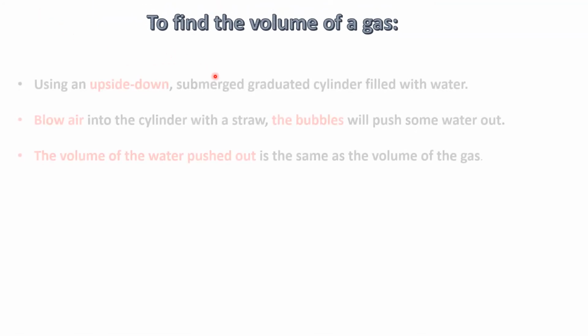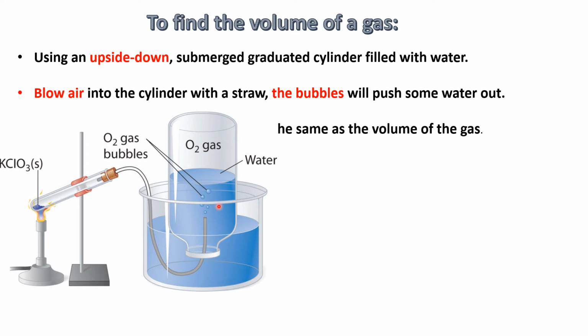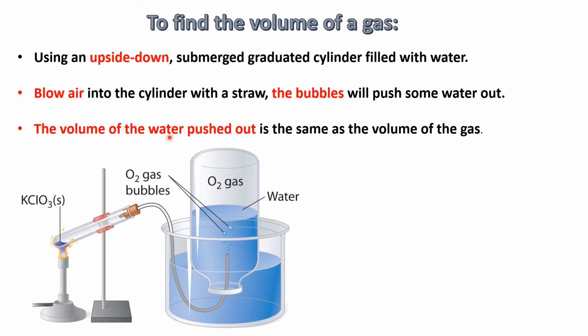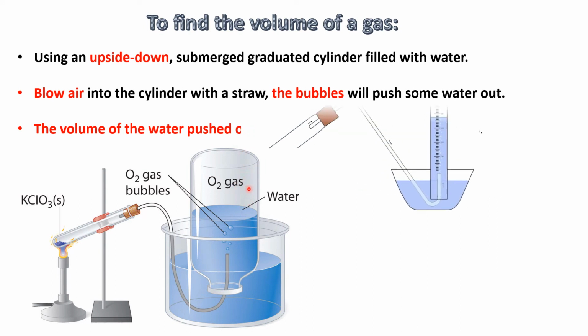To find the volume of a gas, use an upside-down submerged graduated cylinder filled with water and blow air into the cylinder with a straw. The bubbles will push some water out, and the volume of water pushed out is the same as the volume of the gas.